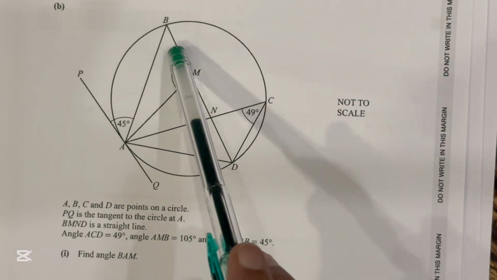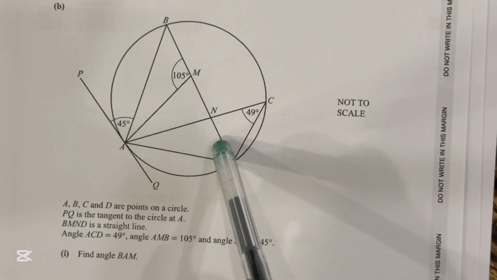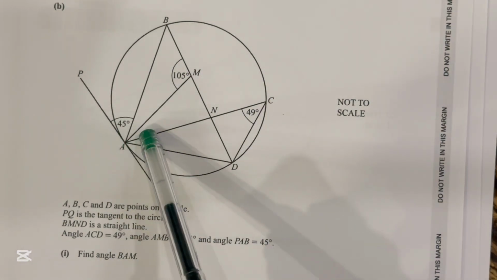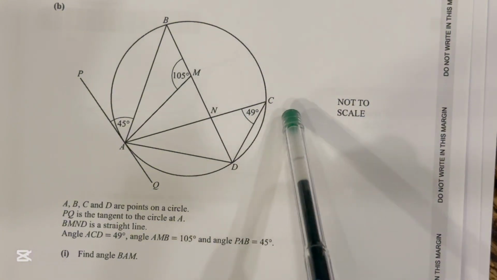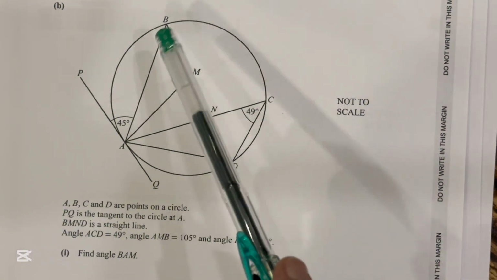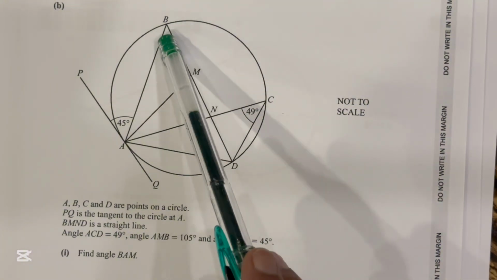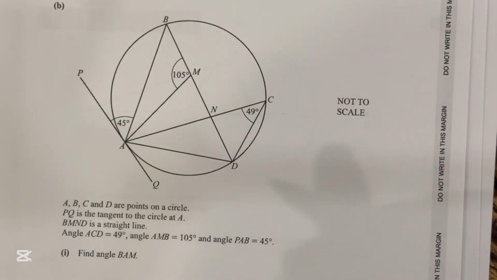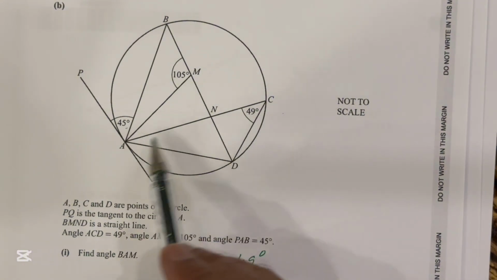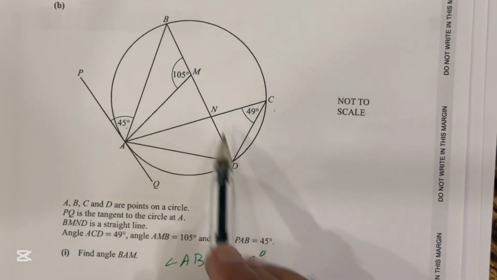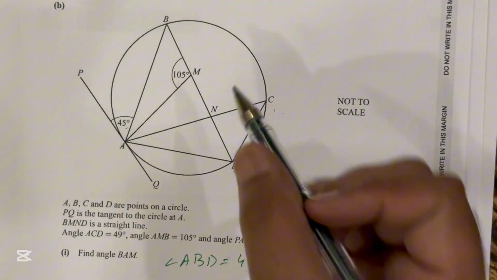We know that angle BAM, this you need to find, or in this is 49, this is also 49, so angle ABD is the same segment as angle ACD, because both angles are made by A and D, so that's why this is equal to 49.